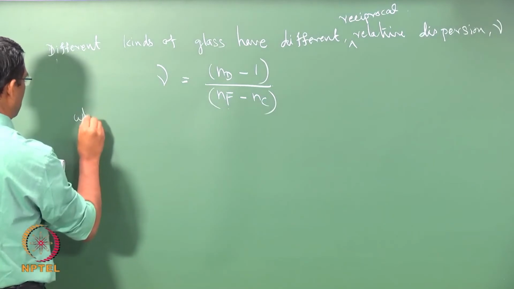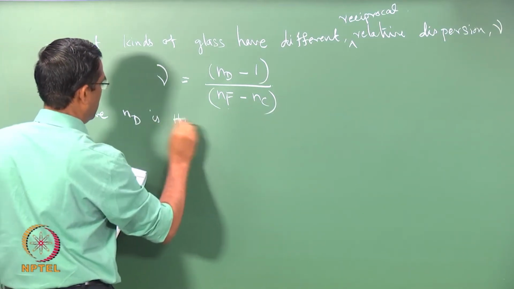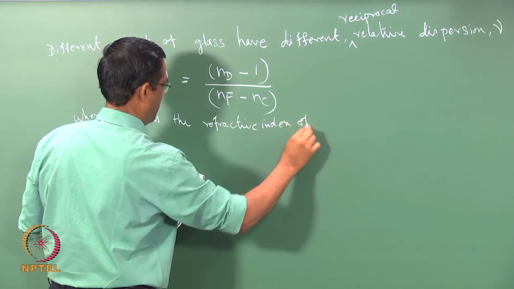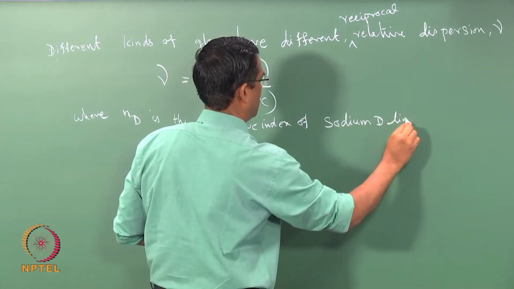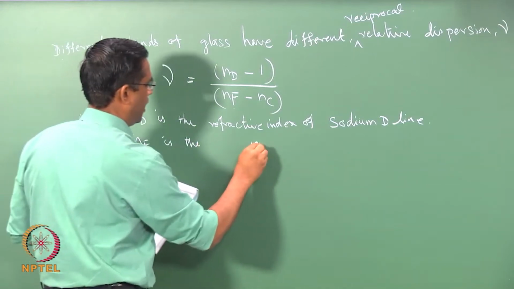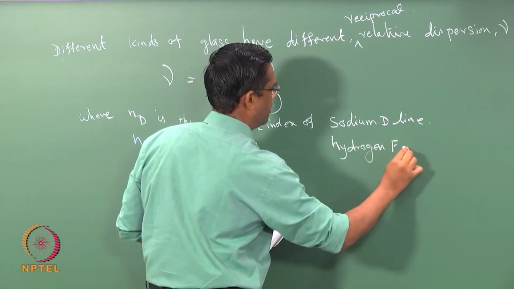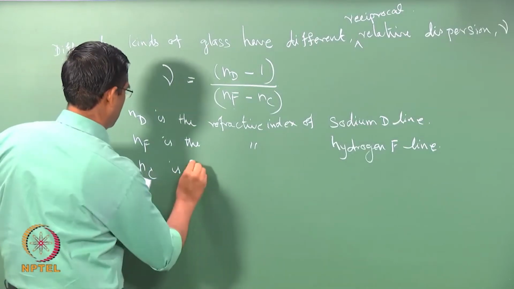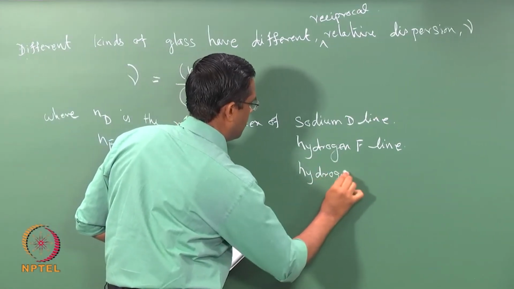where Nd is the refractive index of the sodium D line, and Nf is the refractive index of the hydrogen F line, and Nc is the refractive index of the hydrogen C line.